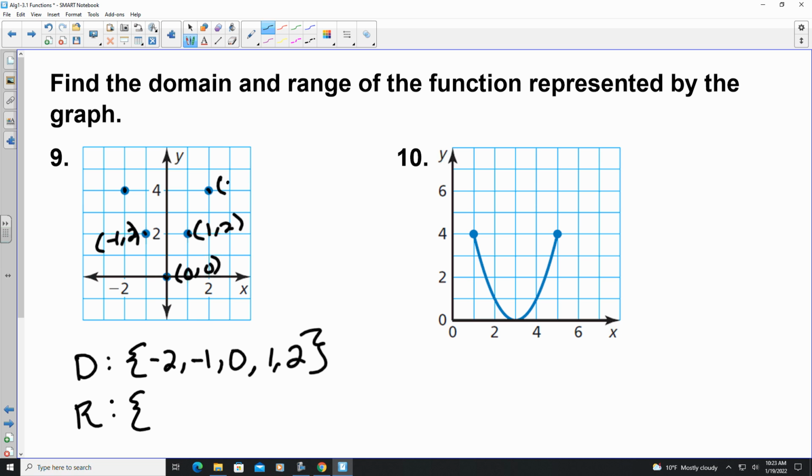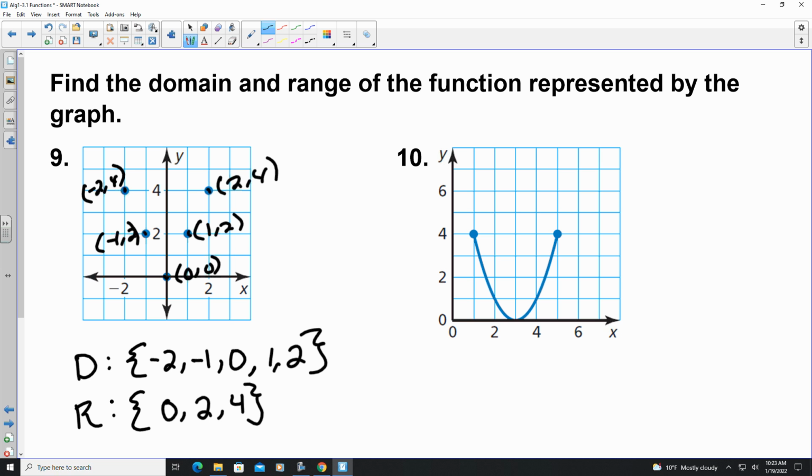This is 2, 4. This is -2, 4. You only have to write a singular number once. So for the range, my values are going to be 0, 2, and 4. I don't have to write it twice. I only have to write it once. So that is my domain and range for that particular situation.